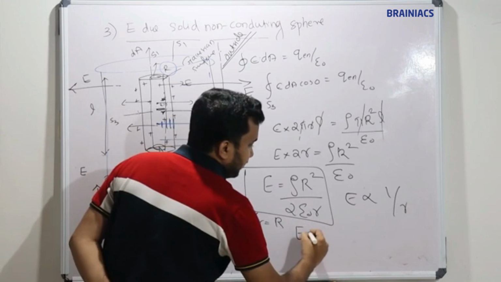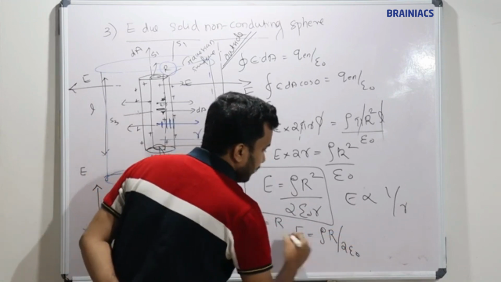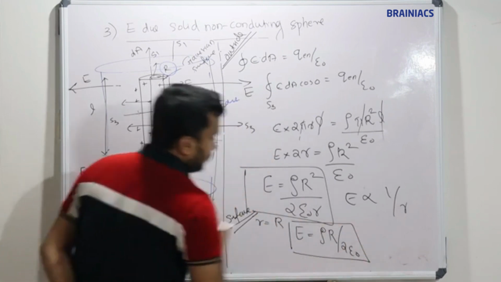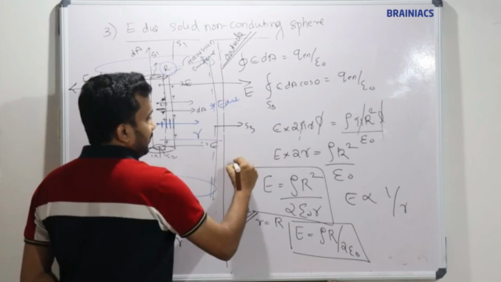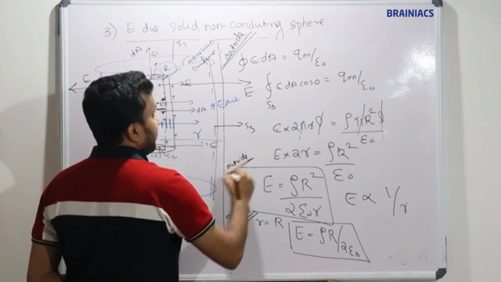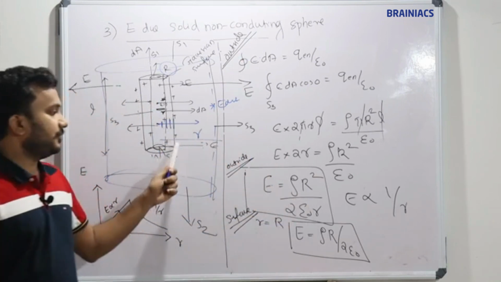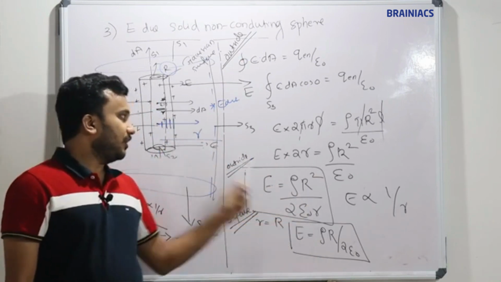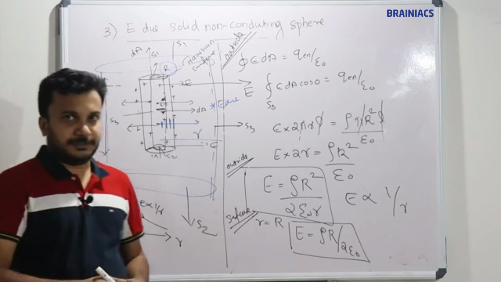So the electric field intensity formula changes to rho R divided by 2 times epsilon 0. This is at surface. This is at outside. This is the outside electric field, as we mentioned in the heading. On the surface we can substitute small r equal to capital R, and we got the electric field.